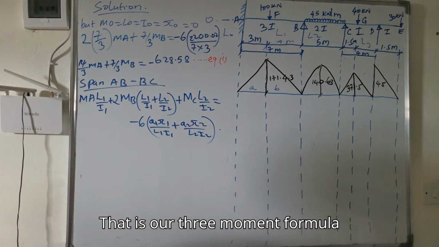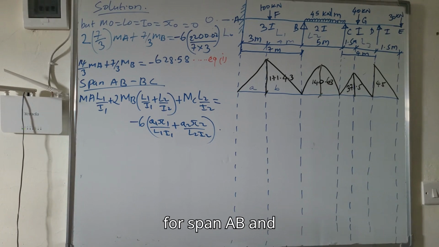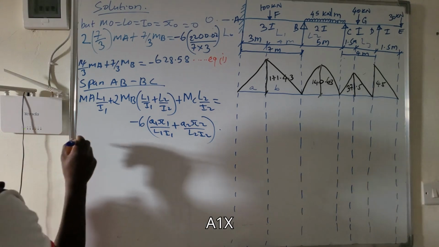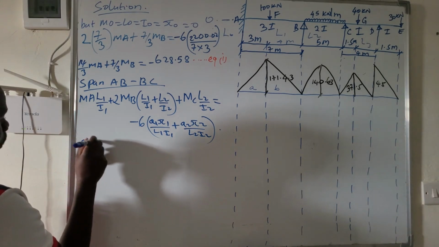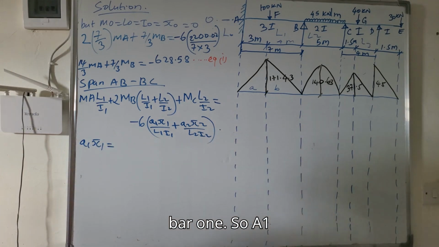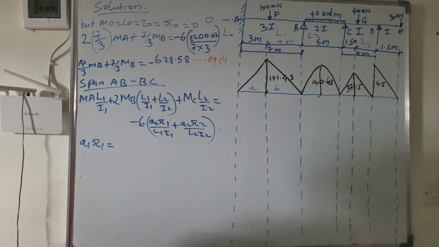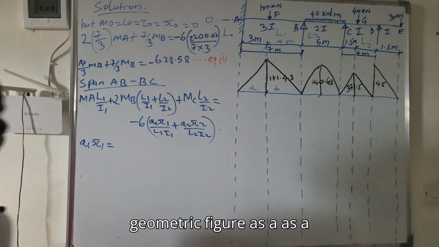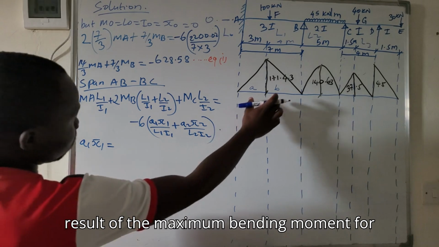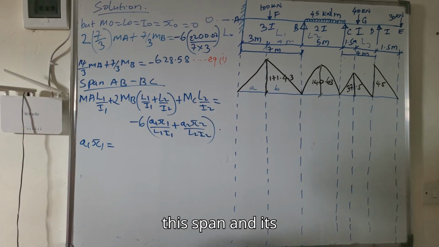That is our three-moment formula for span AB and BC. So after that, we will start by calculating A1 x bar 1. So A1 is now the area of this geometric figure as a result of the maximum bending moment for the span and its centroid.